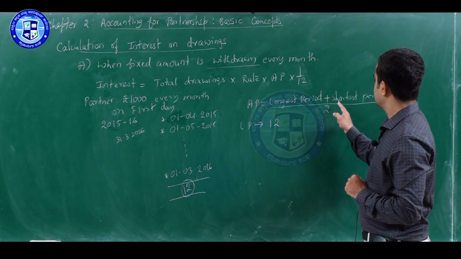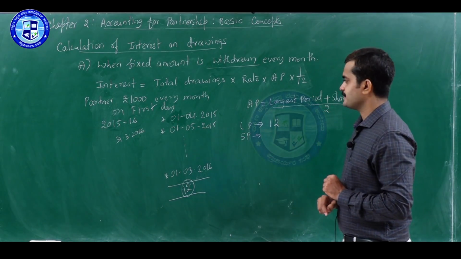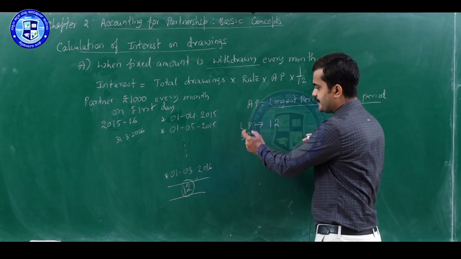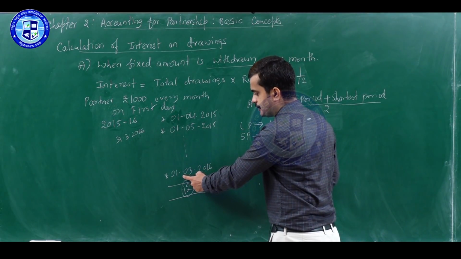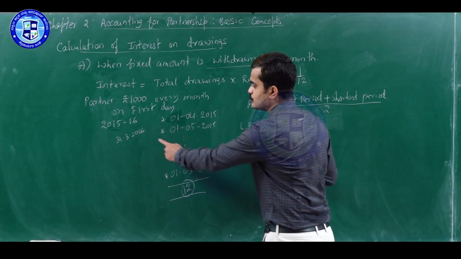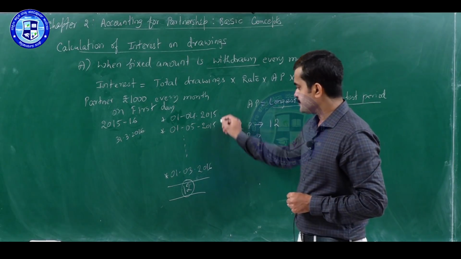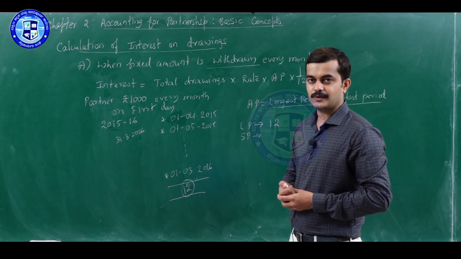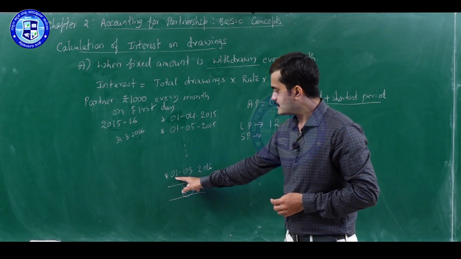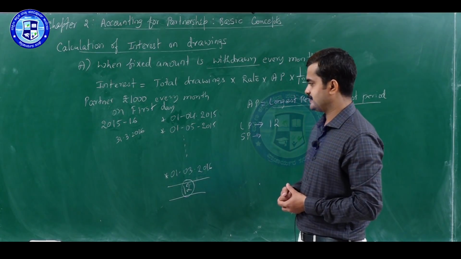Next, what is this shortest period? Shortest period is the time between the date of the last withdrawal to the last day of that accounting period. Out of these 12 drawings, the last withdrawal was on 1st March 2016.